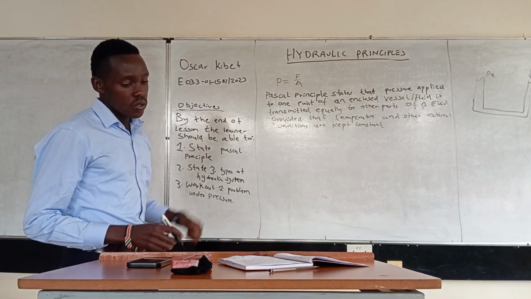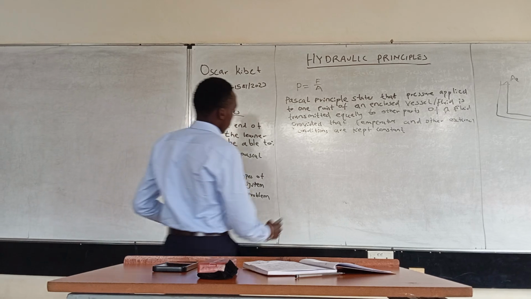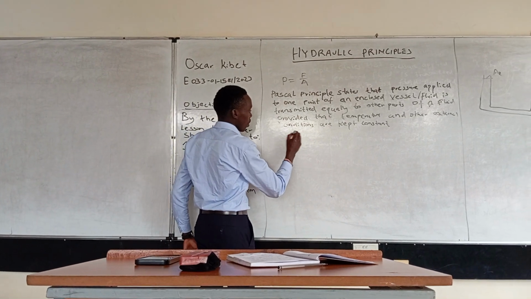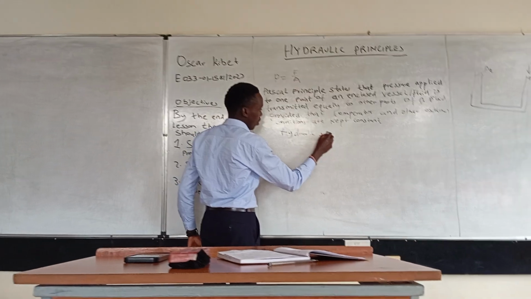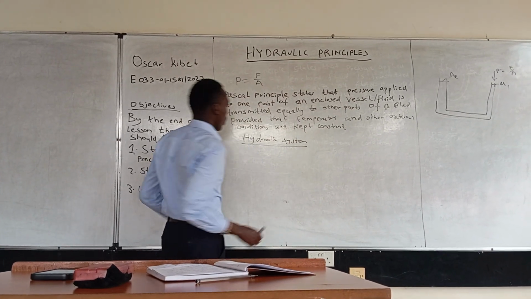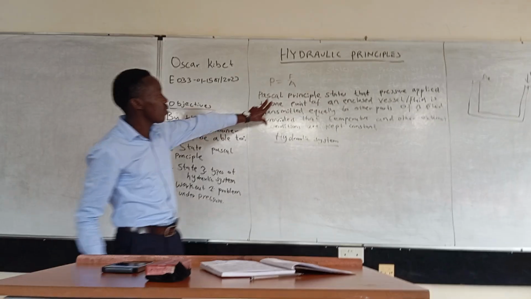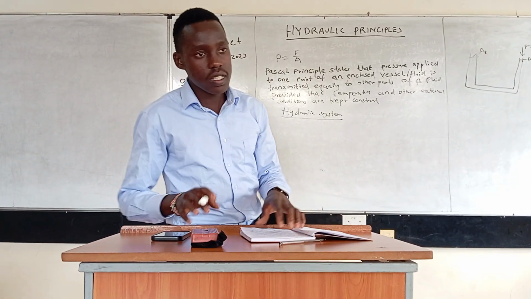So we are going to state 3 types of hydraulic system. A hydraulic system works under this law, and we are going to look at 3 examples of hydraulic systems.